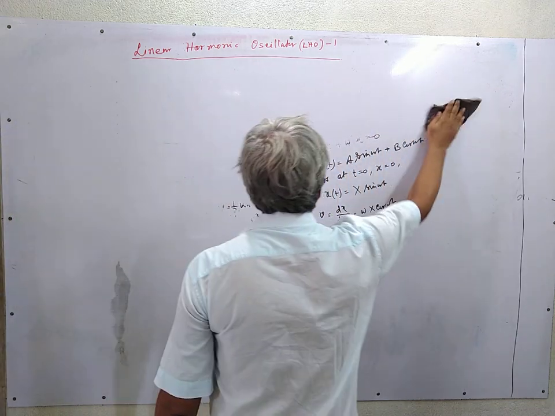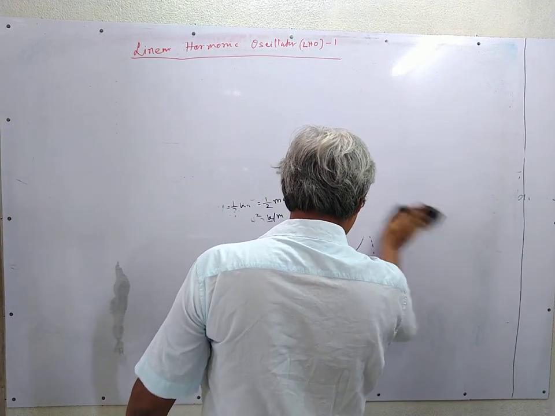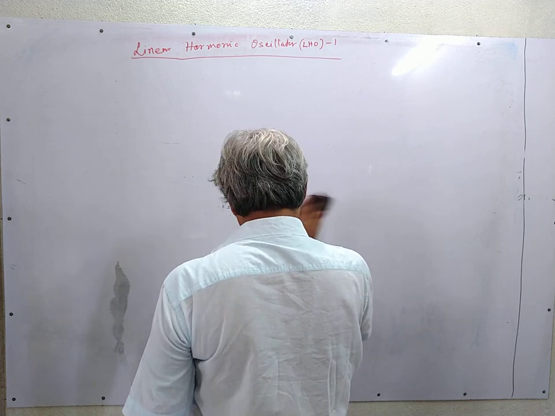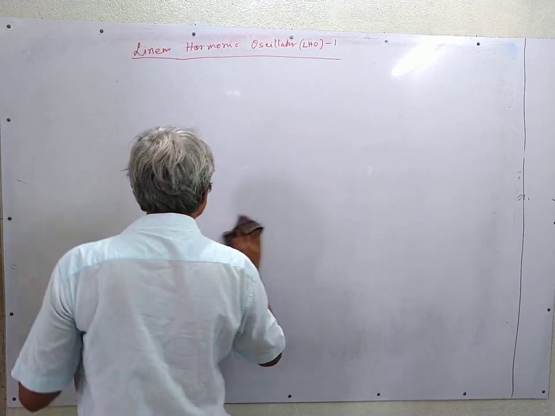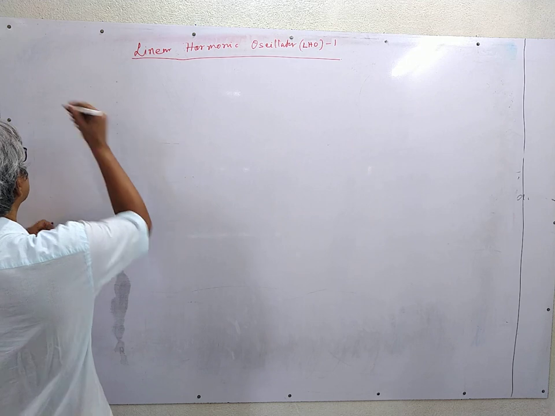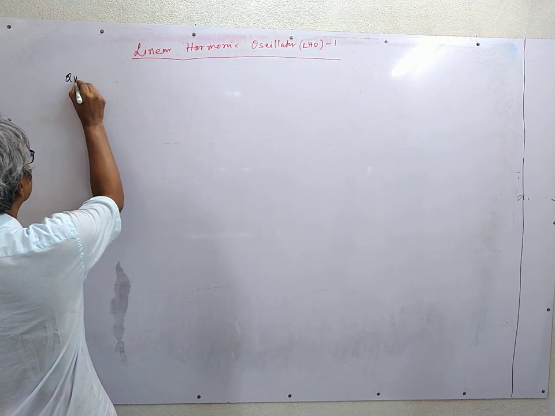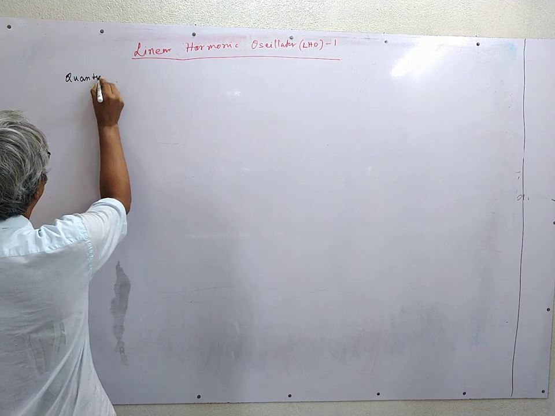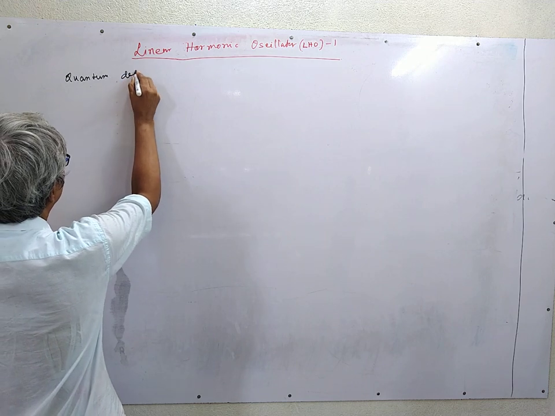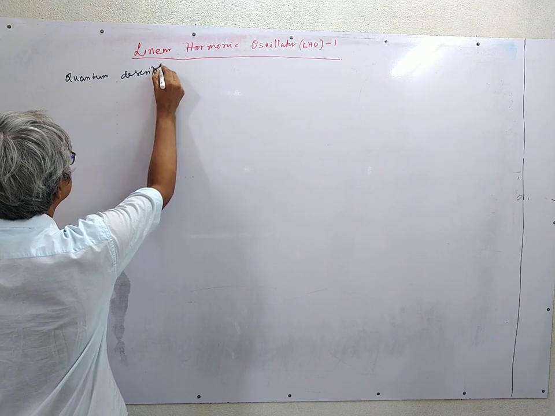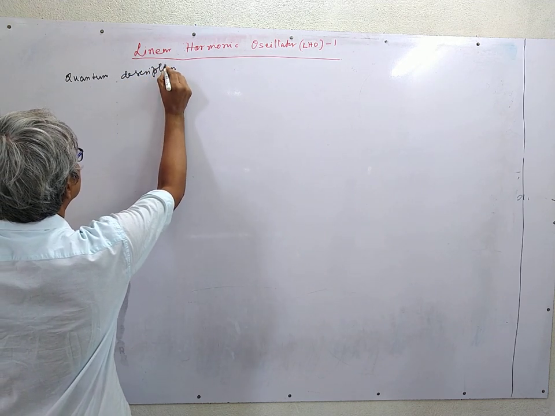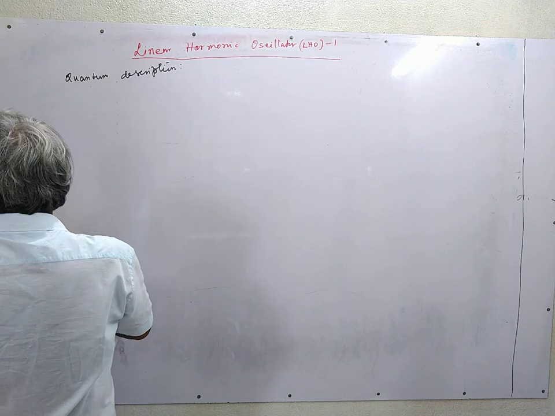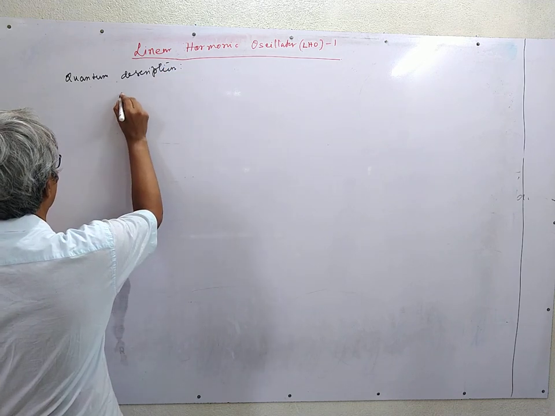Quantum mechanically, since it is a conservative system, we introduce a potential function, and the quantum description is this. Firstly, the potential energy.